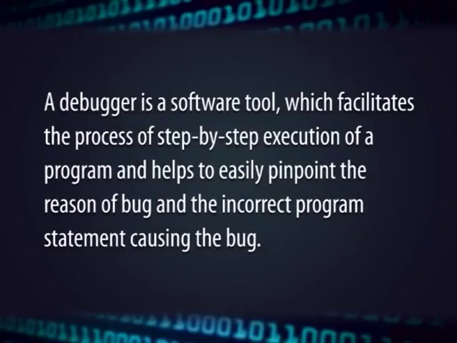In order to facilitate easy identification and removal of bugs, a software tool called a debugger is designed. A debugger is a software tool which facilitates step-by-step execution of a program and helps to easily pinpoint the reason for a bug and the incorrect program statement causing it.